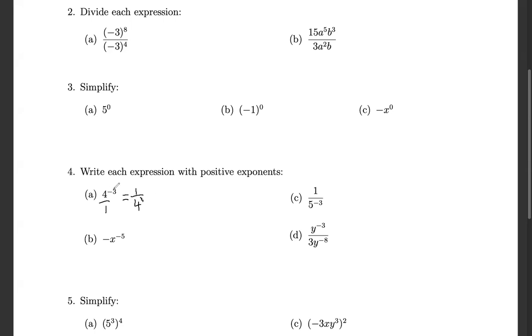So 4 raised to negative 3 in the numerator is 4 raised to 3 going to the denominator. And then 4 raised to 3 is 4 times 4 times 4, 3 times, right? 4 times 4, 16. 16 times 4, 64. So that's 1 over 64.